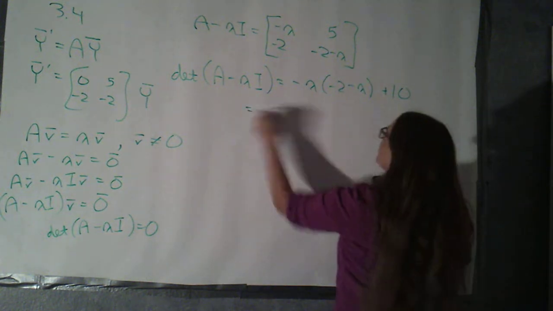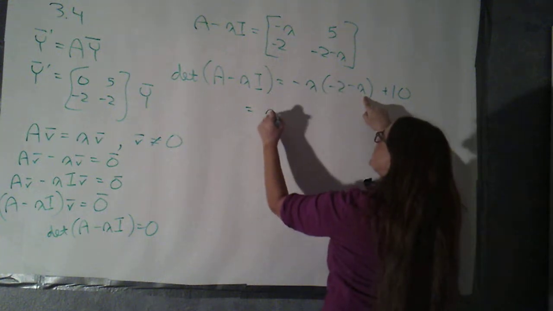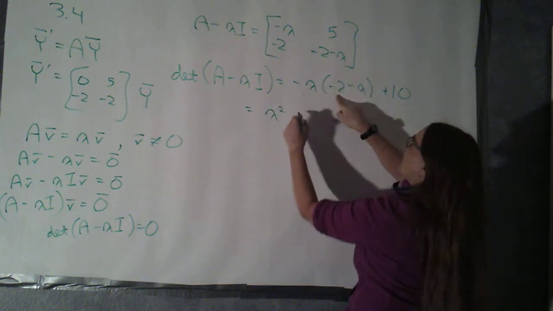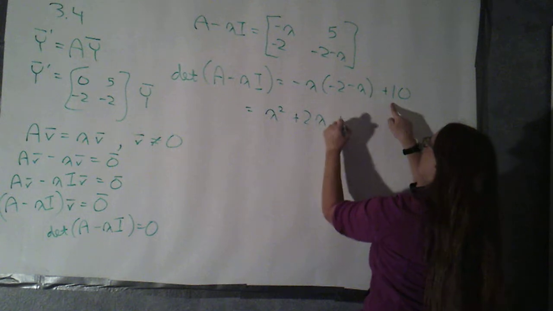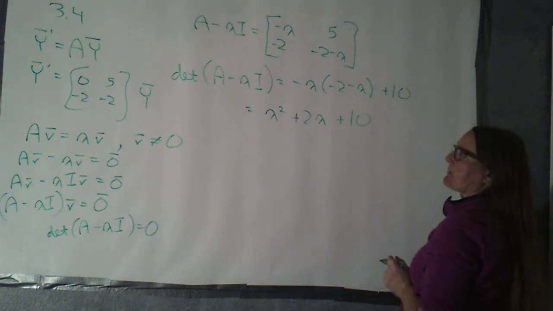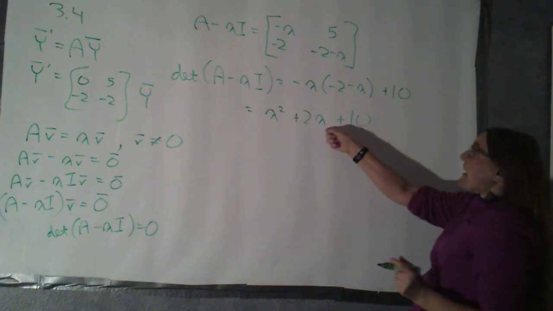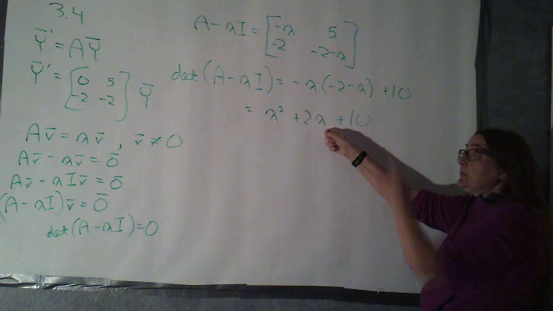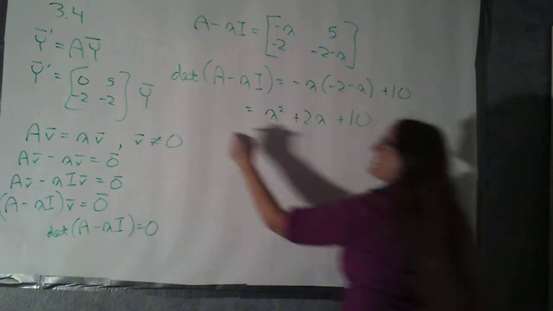So if I distribute that out, this is going to give me lambda squared plus 2 lambda plus 10.